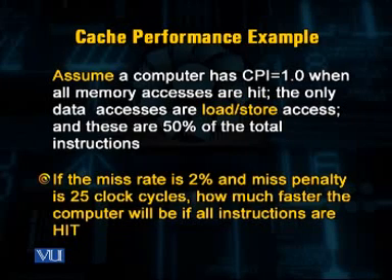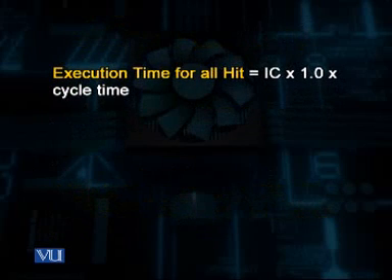For this purpose, let us first calculate the execution time for all hit operations. The execution time for all hit operations is equal to the instruction count multiplied by the clock cycles per instruction multiplied by the cycle time, which is equal to IC multiplied by 1 multiplied by cycle time.